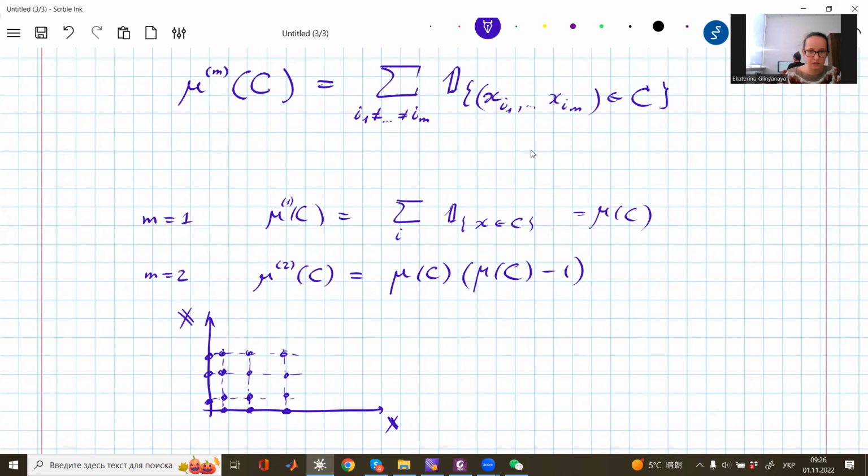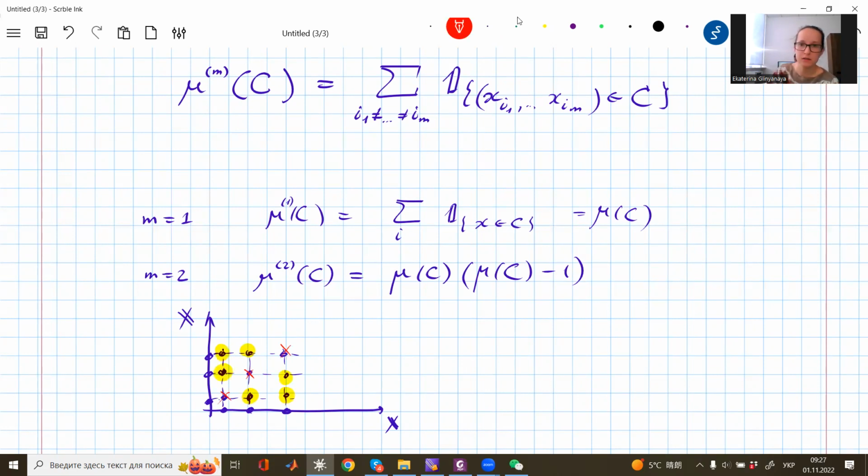But I take into account only those with different indexes. So this one I take, but this one I do not take into my consideration.